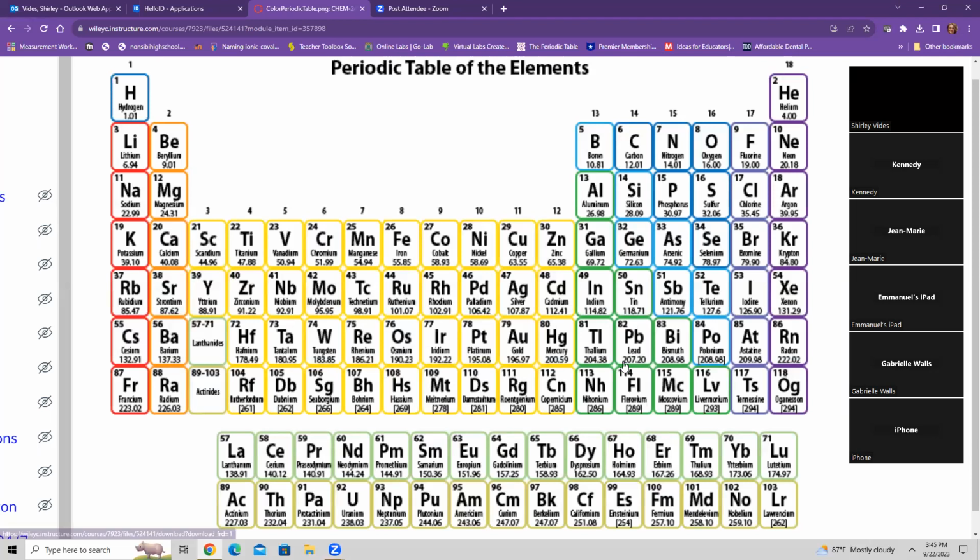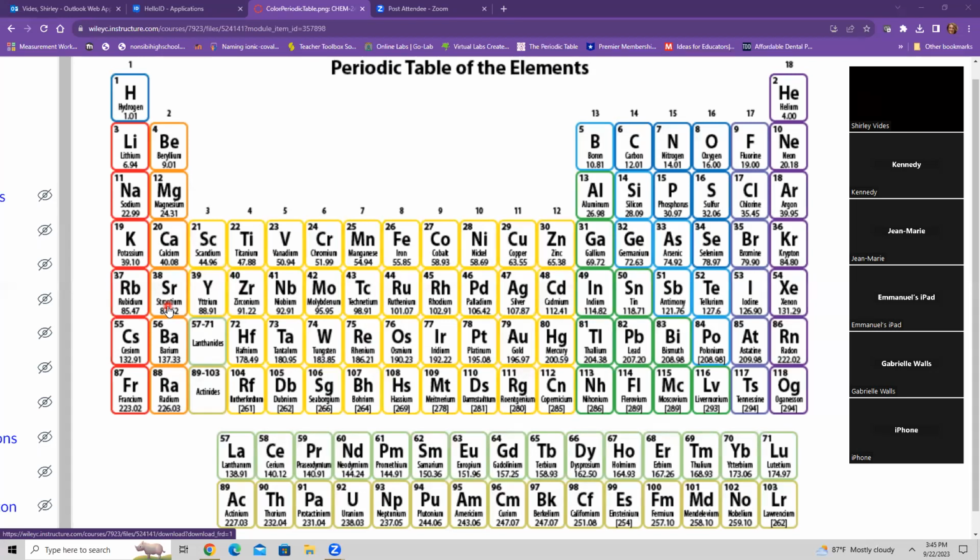I'm going to point to it with my spotlight so you can see it. That's strontium right there. Anybody? What's the name of that group?